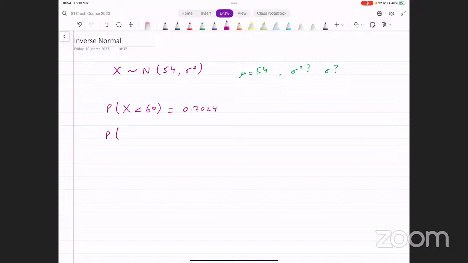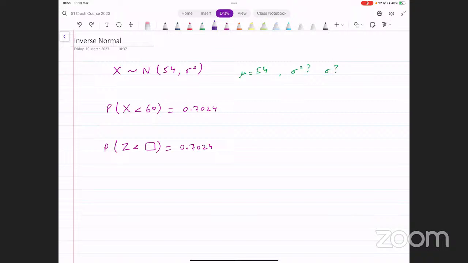So we say this corresponds to probability of Z less than something that we do not know yet. That is equal to 0.7024. So the first thing you do is you convert that probability to something in terms of Z instead.